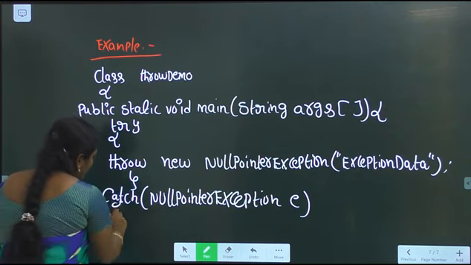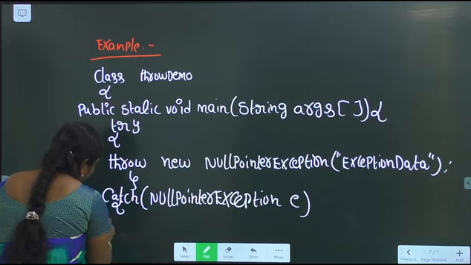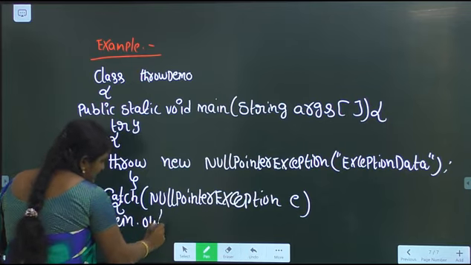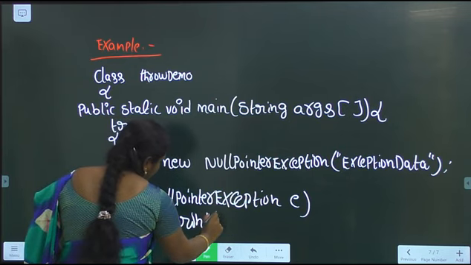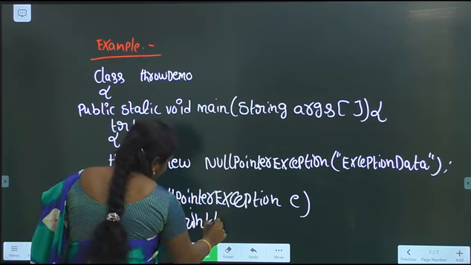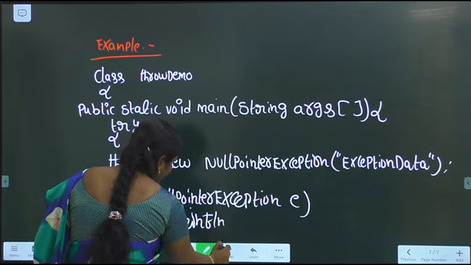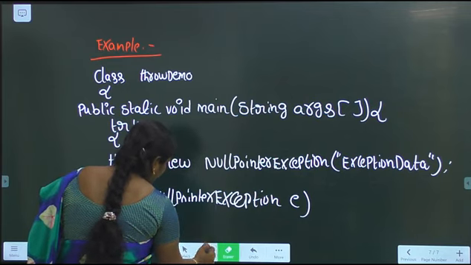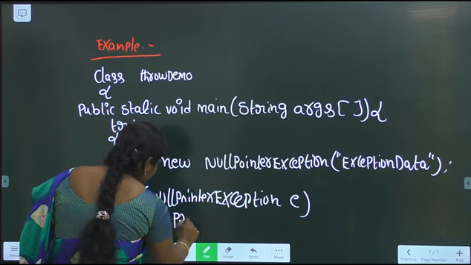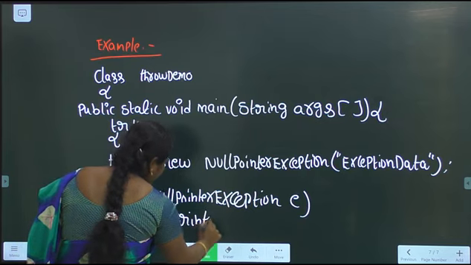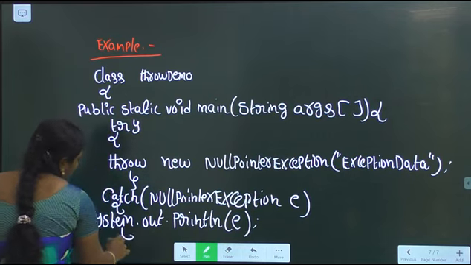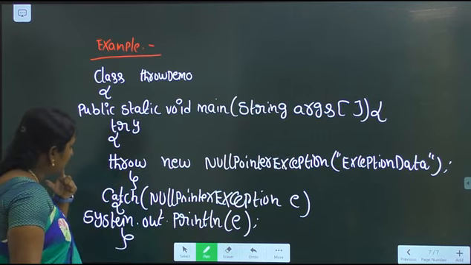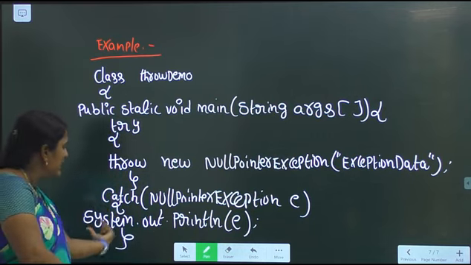After that, within the catch block, I am writing one SOP statement: System.out.println(e). e is the reference. Here I am closing the catch block.